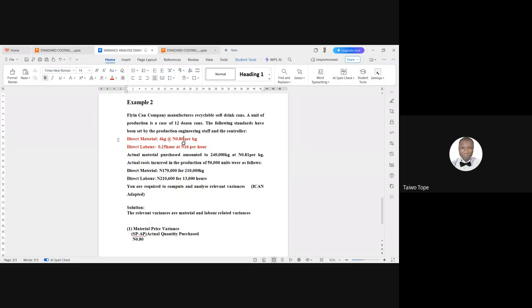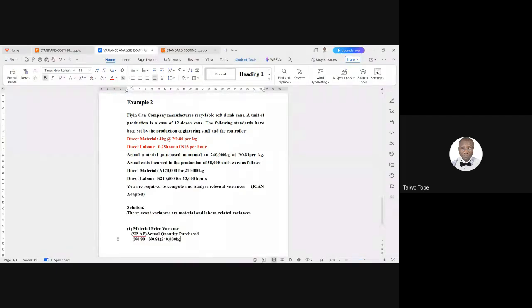The actual price will be what? 81 kobo. Yes, the actual material purchase amounted to 240,000 kg at 81 kobo per kg. So the actual quantity purchased is 240,000 kg.